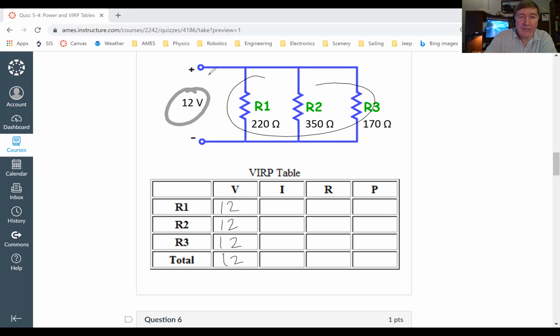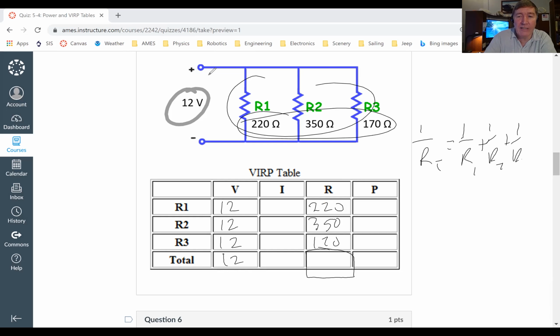And then for the resistors, again, I can just write 220 is R1, 350 is R2, 170 is R3. Now, in this case, our total is not going to be the sum of these, because they're not hooked up in series. They're hooked up in parallel. So I have to use the rule that says 1 over R total equals 1 over R1 plus 1 over R2 plus 1 over R3. That's the rule I have to use.